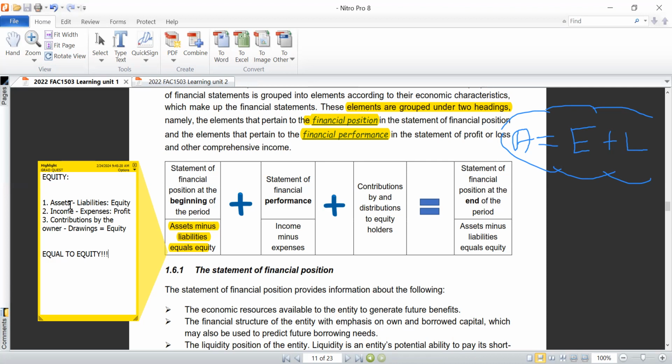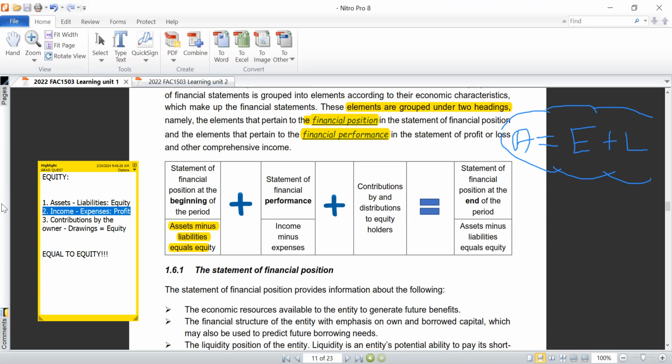So if I have an income and then at the bottom of it, I have a transaction concerning an expense, then I know one transaction will be a plus to equity, one will be a negative or a reduction to equity. Which one is the plus to equity? It's obviously the income transaction. Which one is the minus to equity? Obviously, it will be the expense. So that's what is being reflected by this.